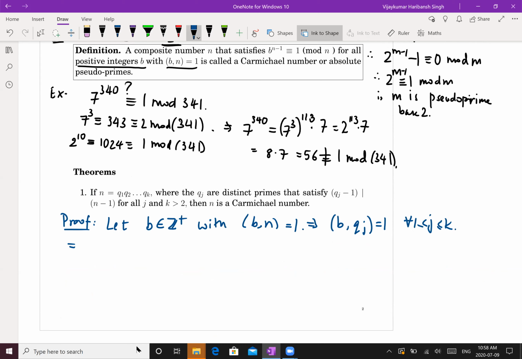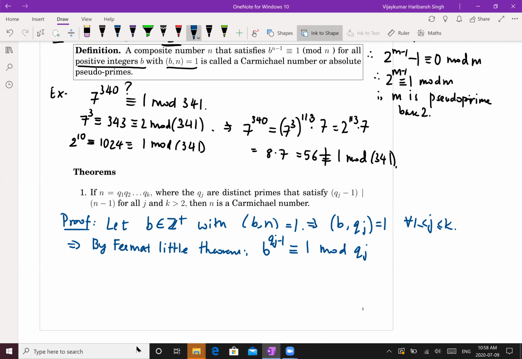This implies, by Fermat's little theorem, b to the power qj minus 1 is congruent to 1 mod qj.